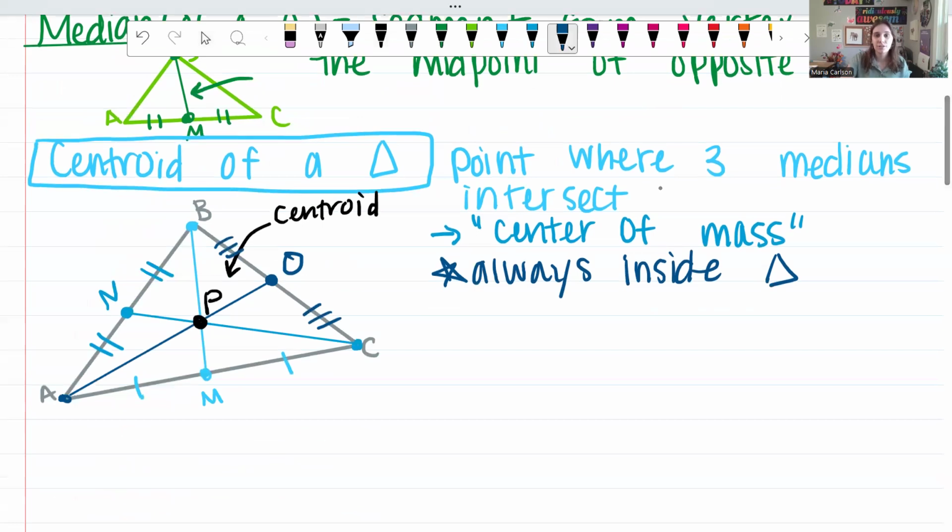So this centroid is always inside, that's the center of mass, and with this we have the centroid theorem.